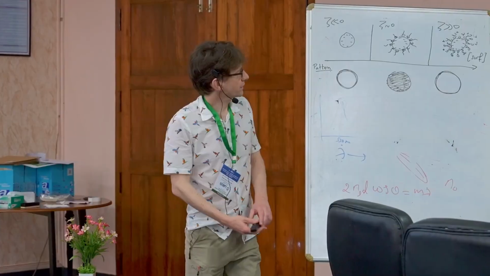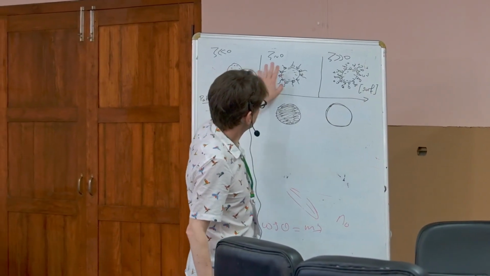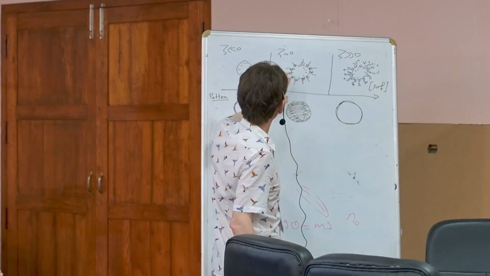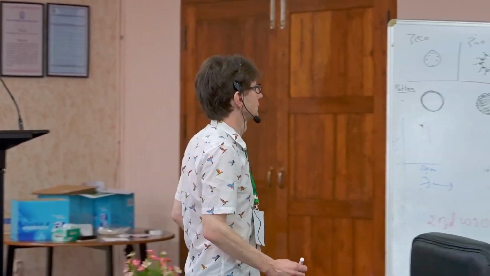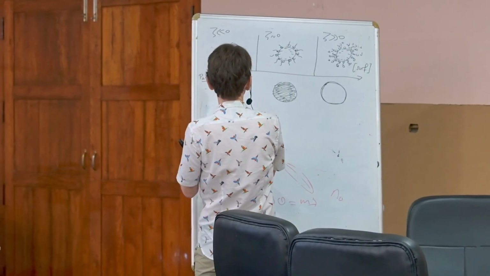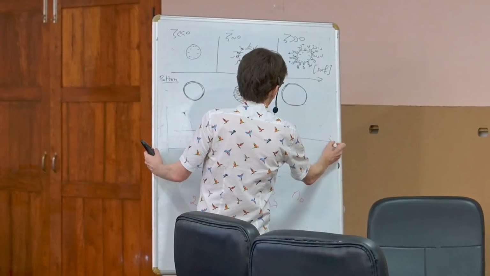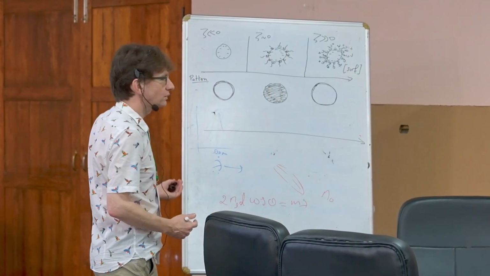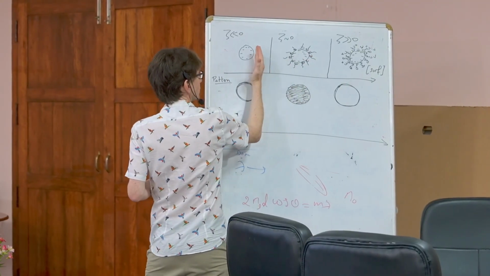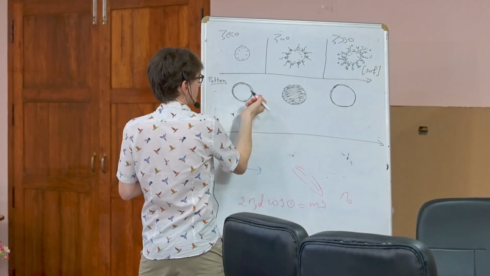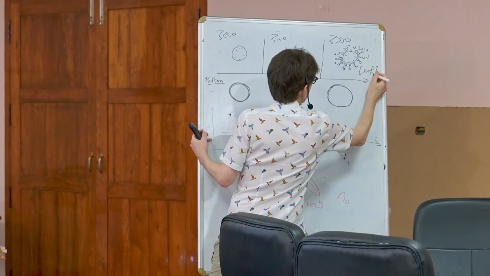So before asking you a question, if you understood, you see that here my surfactant is doing this. If I take a more hydrophobic surfactant, this assembly will be easier, so this frontier will be lower. This is surfactant 1.